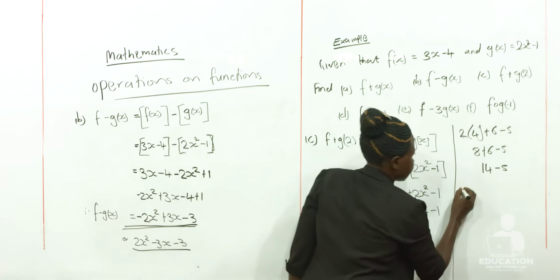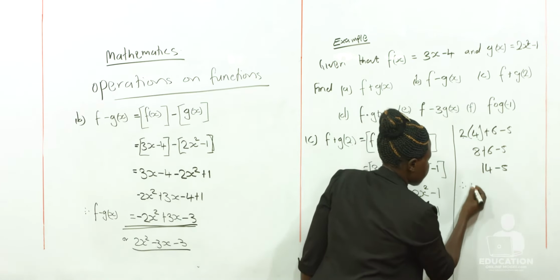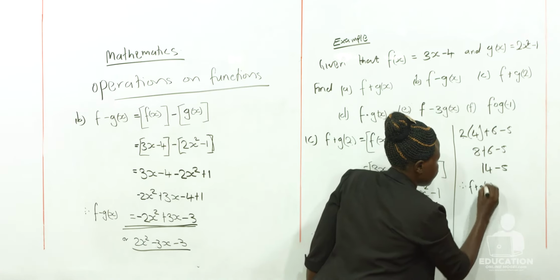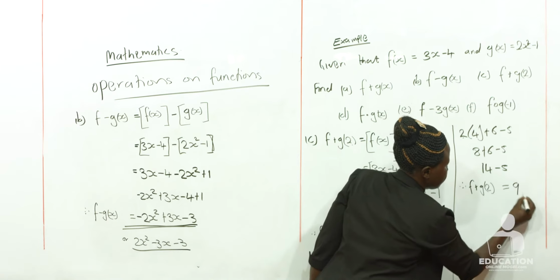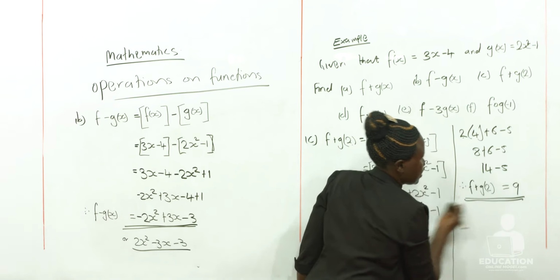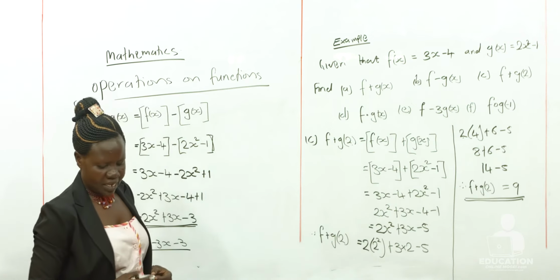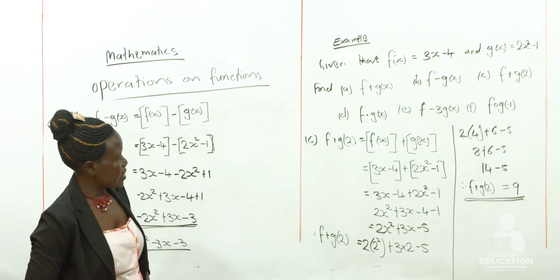So you simply say, therefore, (f plus g)(2) equals 9. So this is your answer. So learners, that is how you simply deal with such kind of operations.